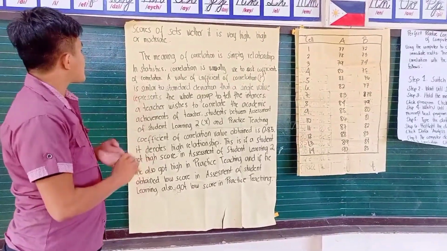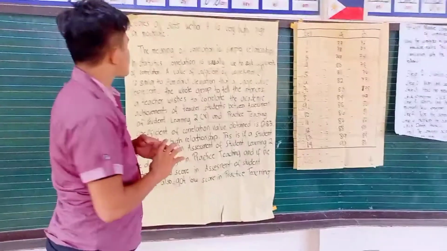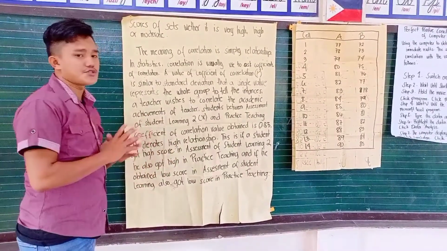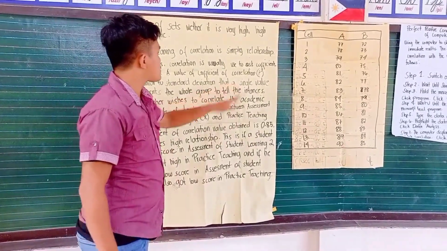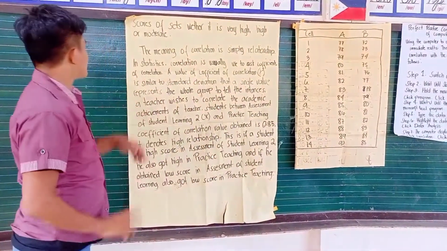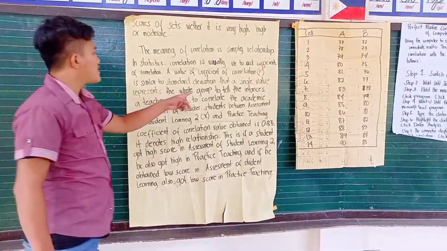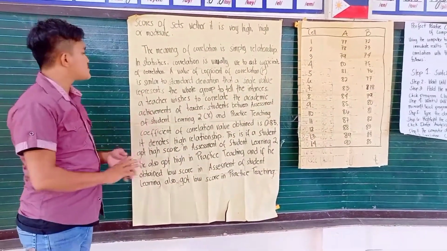In statistics, correlation is usually expressed as a coefficient of correlation. A value of coefficient of correlation is similar to standard deviation, in that a single value represents the whole group.